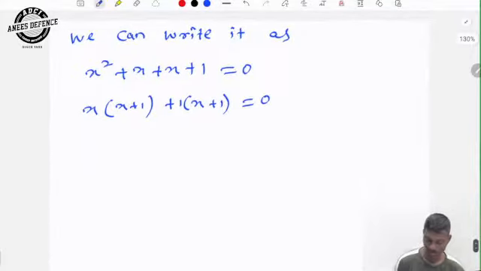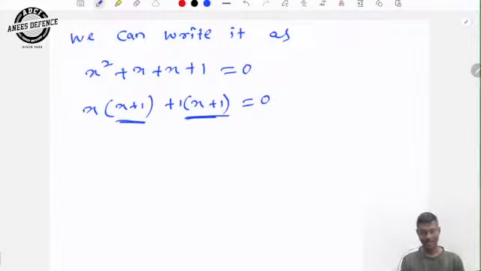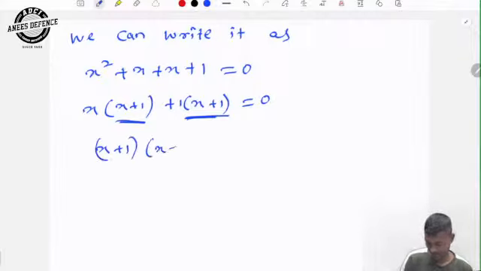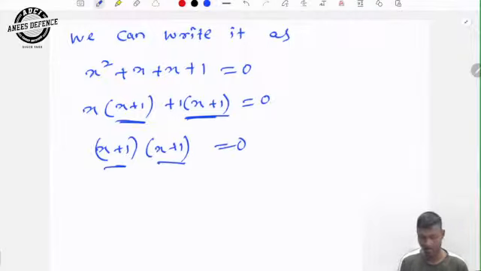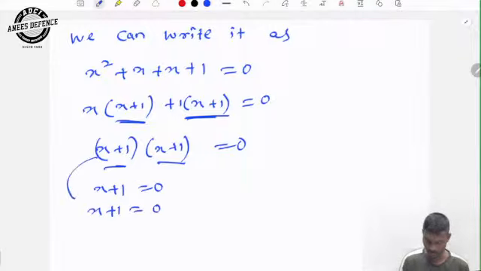From these two equations, we can write x plus 1 is equal to 0 and x plus 1 equal to 0.